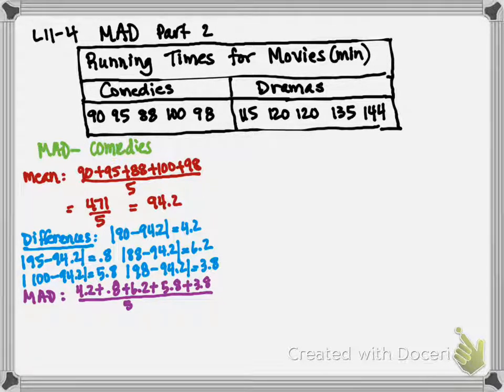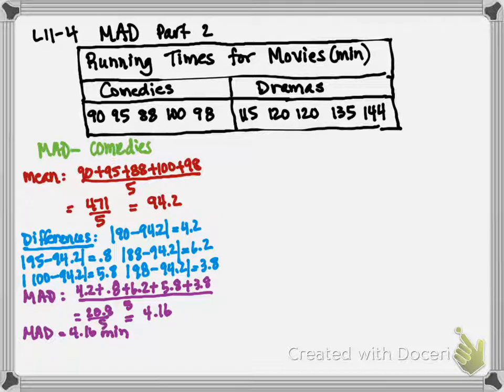Through the miracle of a calculator, we add up those numbers, get 20.8 divided by 5, and the long division terminates at 4.16. So the MAD, mean absolute deviation, is 4.16 minutes. That means each of the movies is about 4.16 minutes away from the mean of 94.2 minutes, okay?